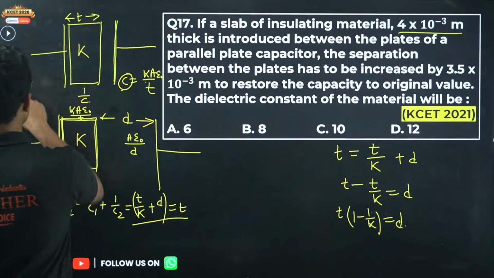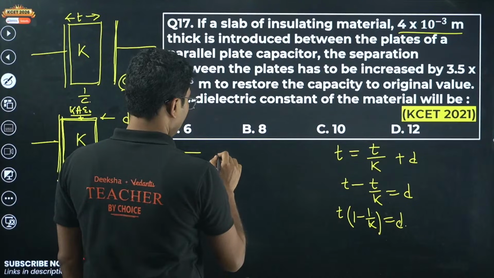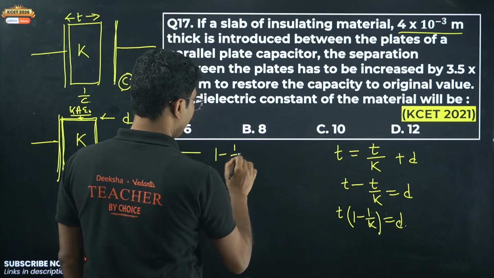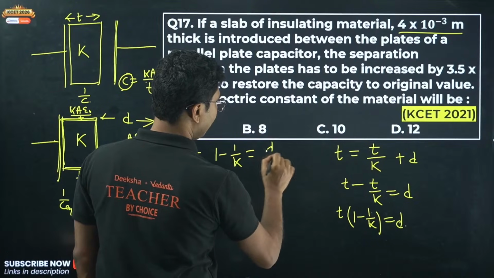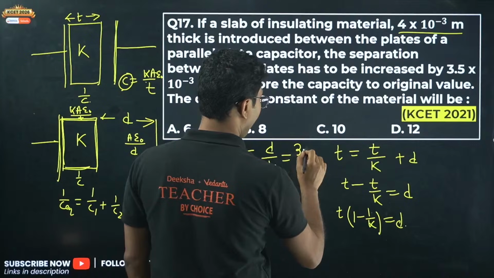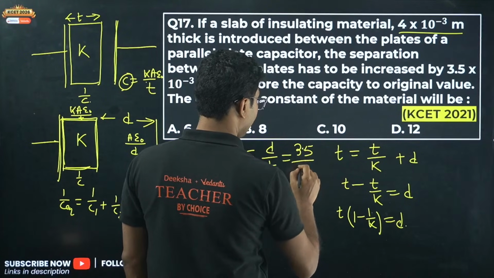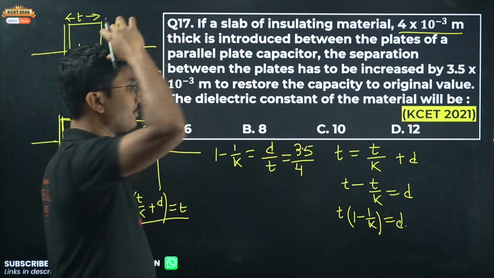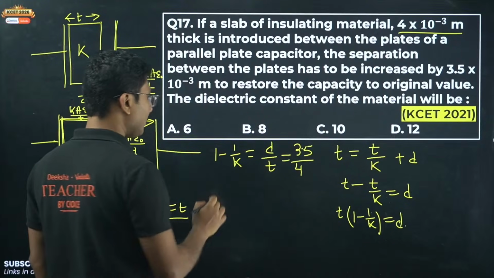Okay, the shortcut formula is 1 minus 1 by K equals D by T. D is given here as 3.5 and T is 4. Both of them are 10 to the power of minus 3, so you don't need to worry about it.